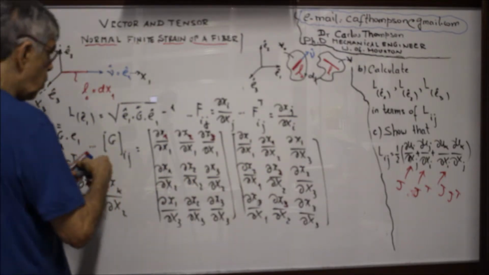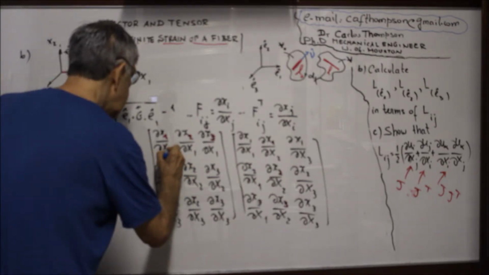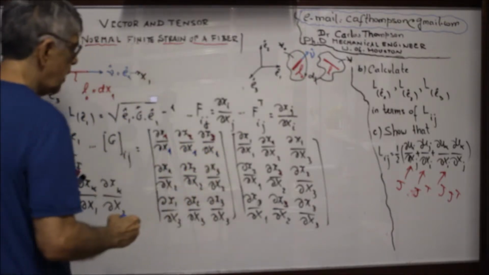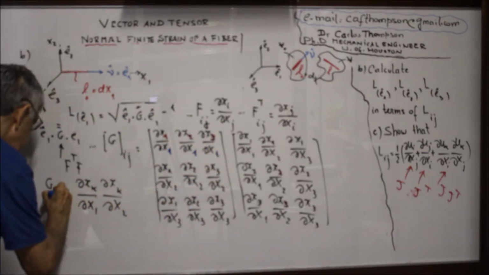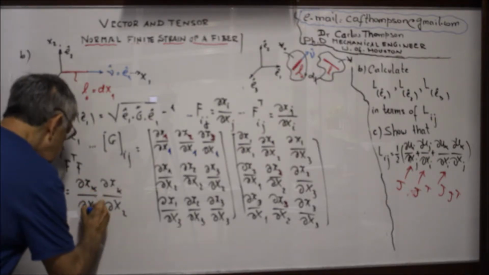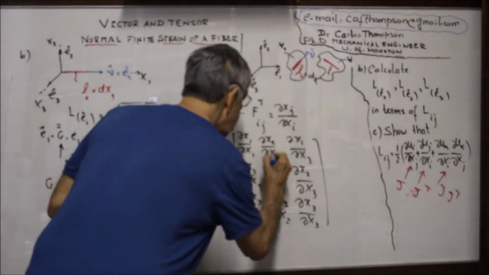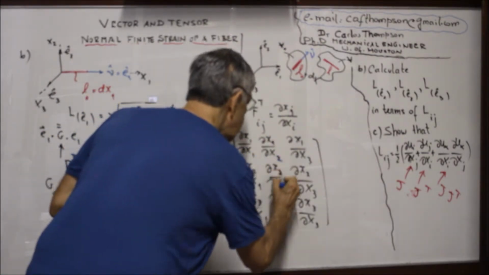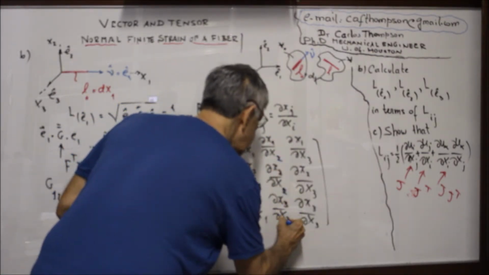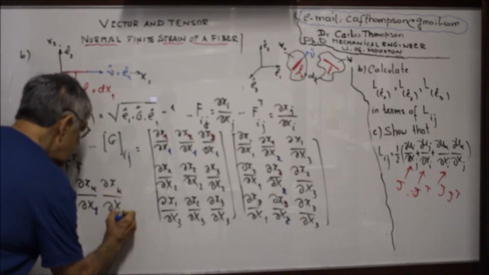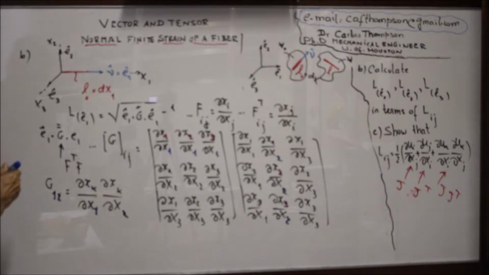The first row is 1, 1, and 1, so this is 1 here and 1 here. Times the second column, which is 2, 2, and 2, so this is 2 here and 2 here. It's quite easy.